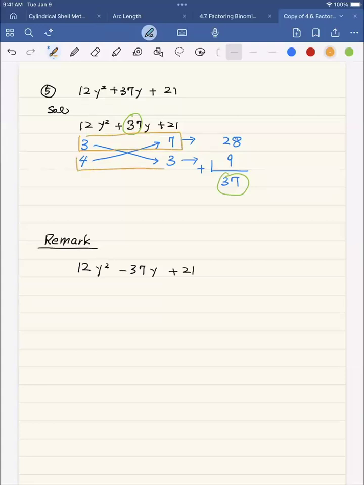Then you have to combine this way. Then this one will be 3x plus 7 times 4x plus 3.